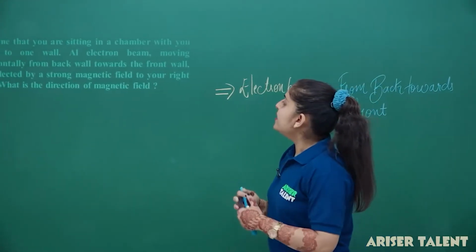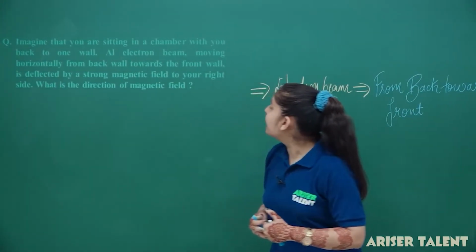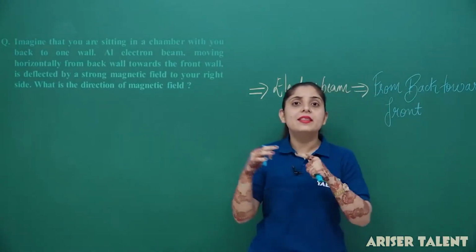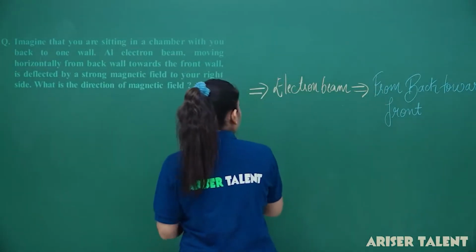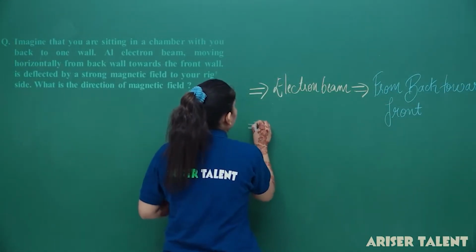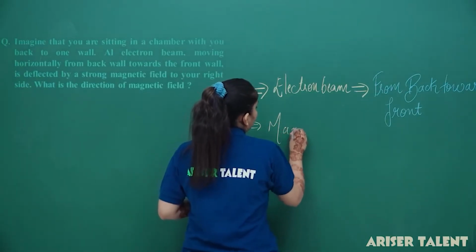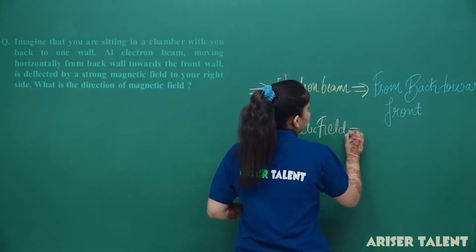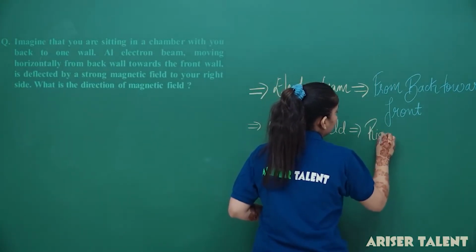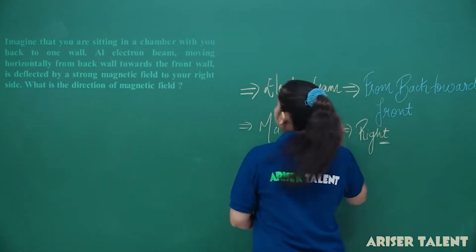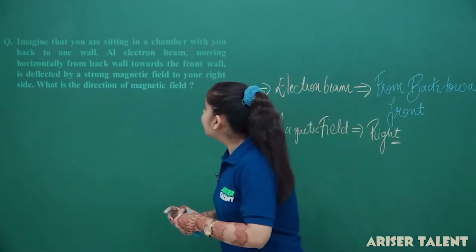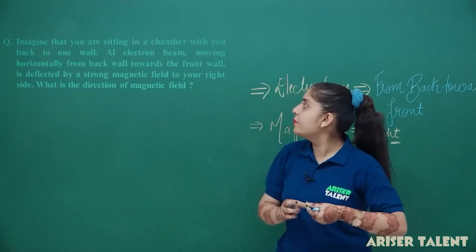Now, it is deflected by the strong magnetic field to your right side. So, we can also conclude one more point, that the deflection is in the right side. Now, what will be the direction of the magnetic field? You have to identify that.